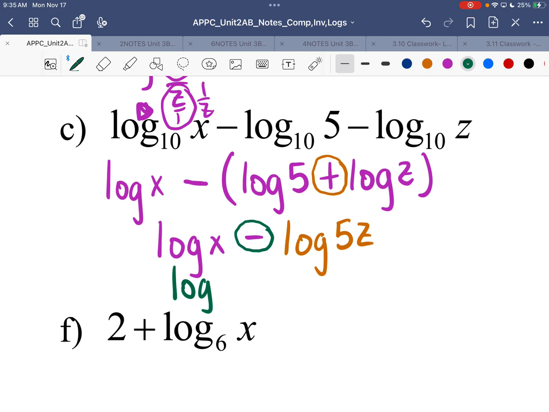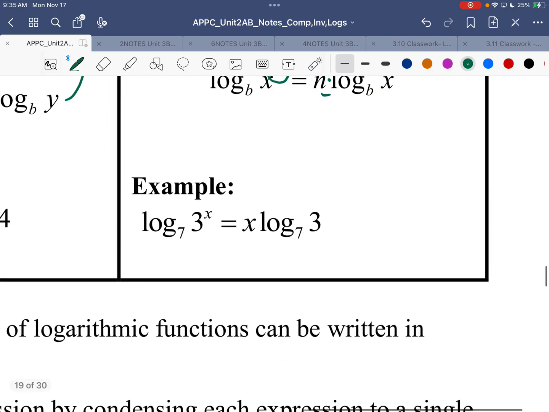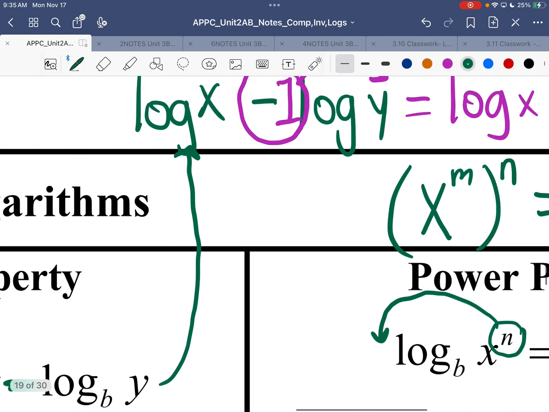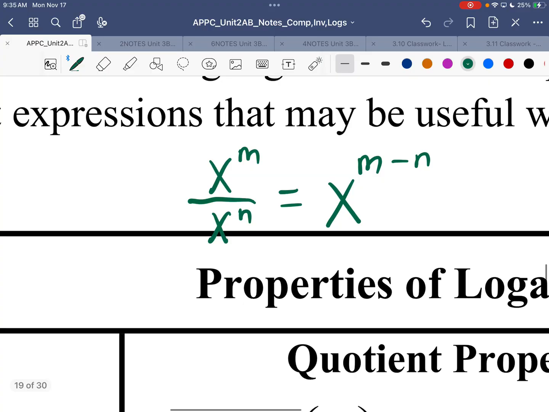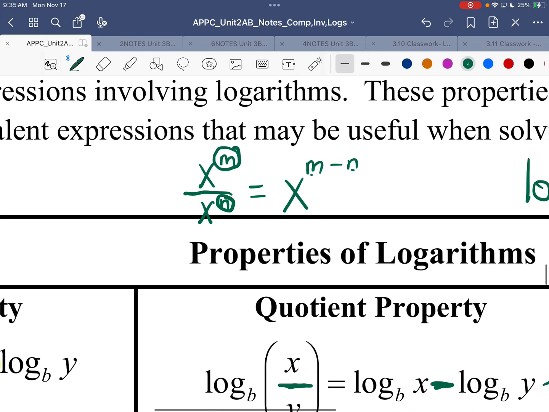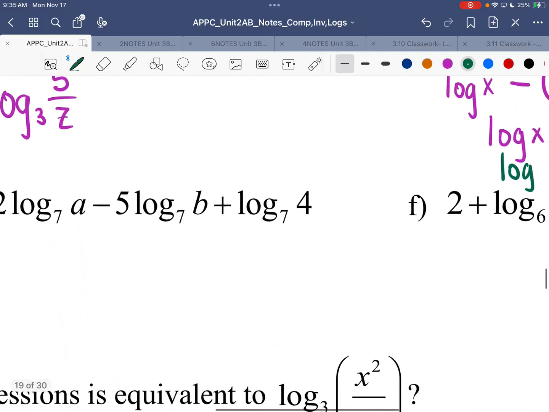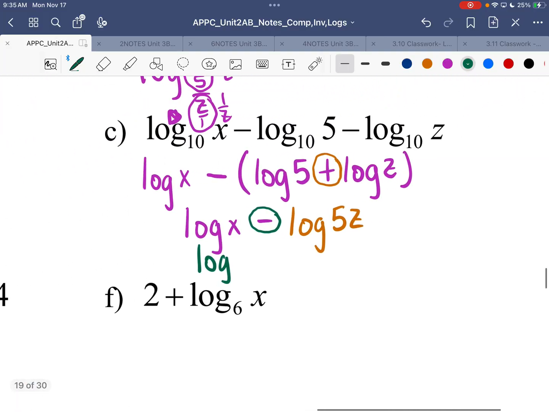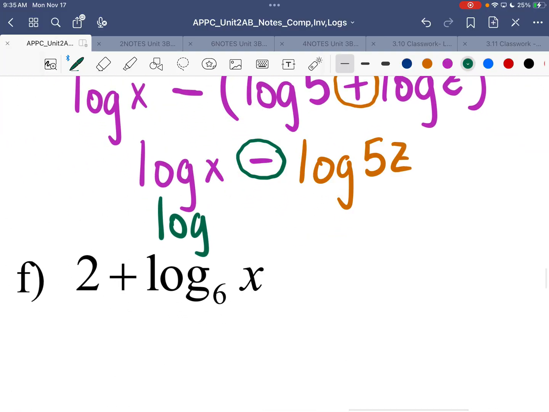And it goes in order, just like exponentials went in order of top minus bottom. Same thing. Whatever's positive, the x is positive, it needs to be in the numerator. And the 5z is with the negative log, so it should go in the denominator.